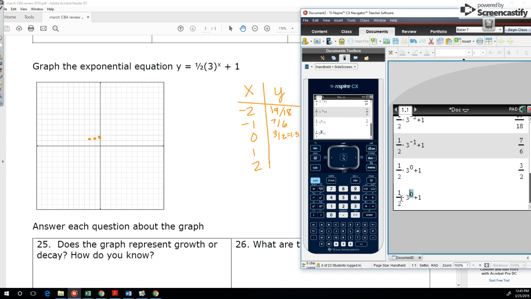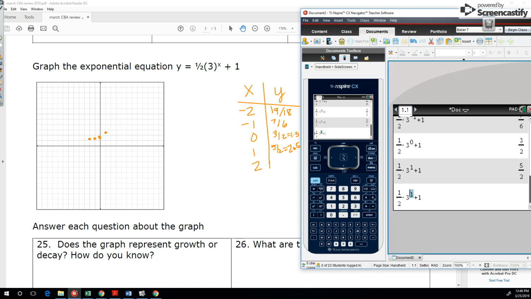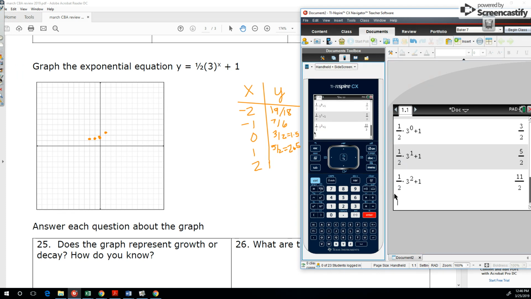Bringing that to a 1. 5 over 2, which is 2.5. So 1, 2.5. And one last time, making that a 2. 11 over 2, which is 5.5.